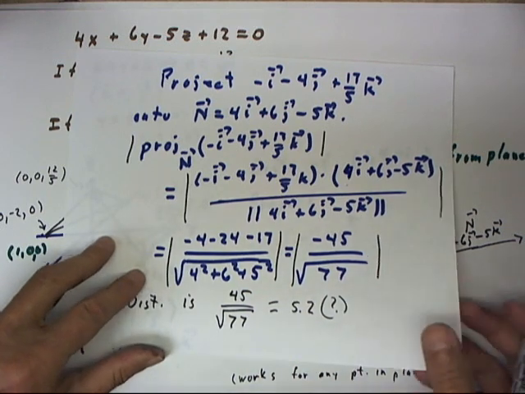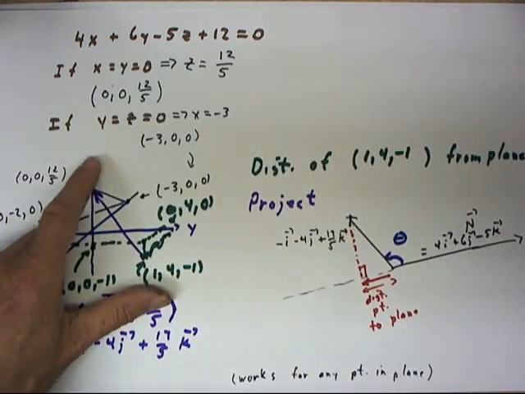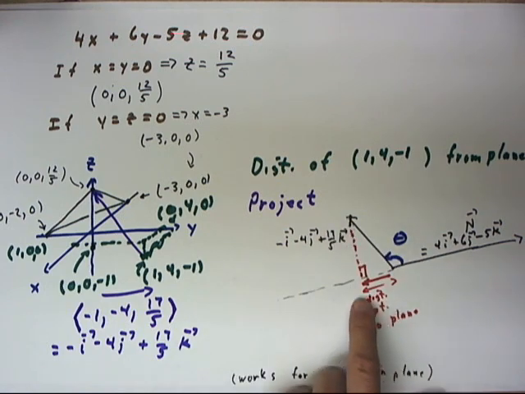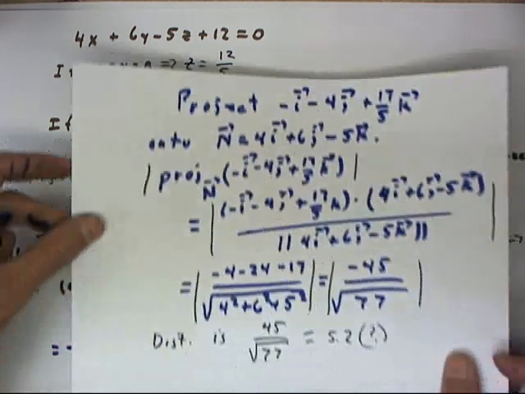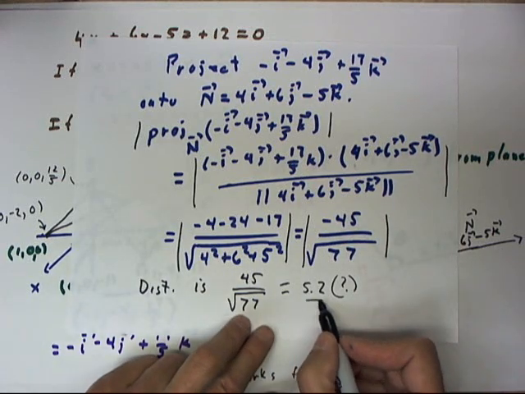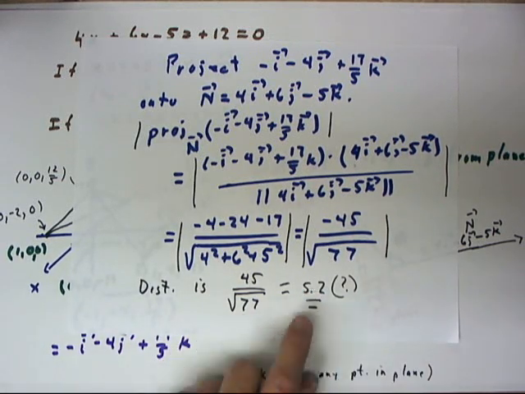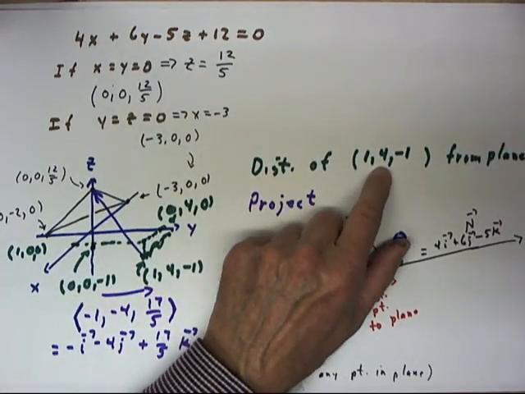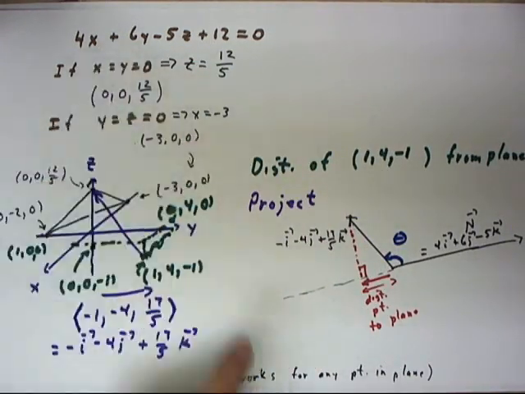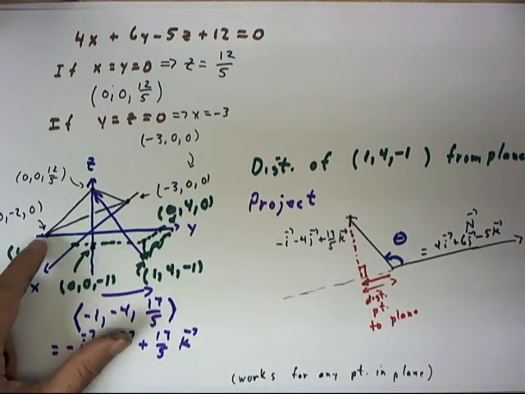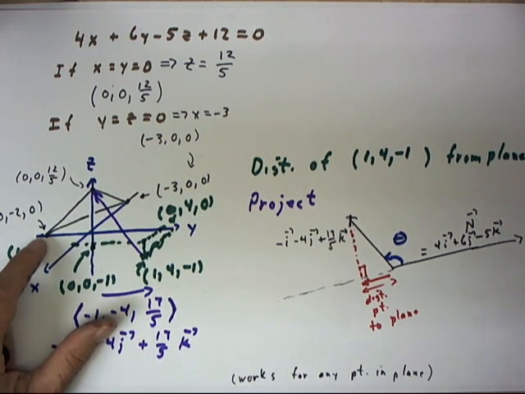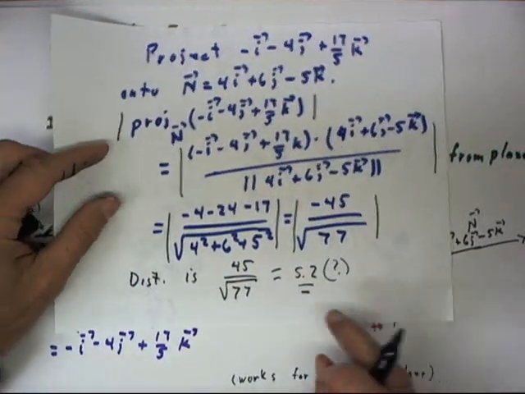Okay, so we've used this picture, simplified it down to the projection of one vector onto another, done that calculation, and we've obtained a number that should be equal to the distance between this point and this plane. Now, had we based this on another point of the plane, moving from 1, 4, negative 1 to, let's say, 0, negative 2, 0, we would have obtained the same distance.